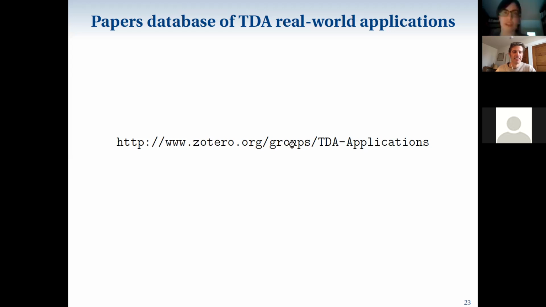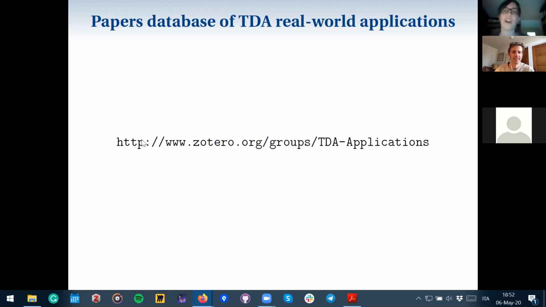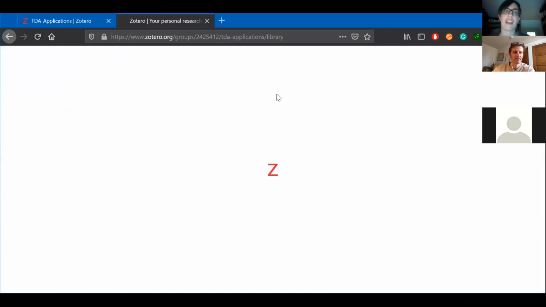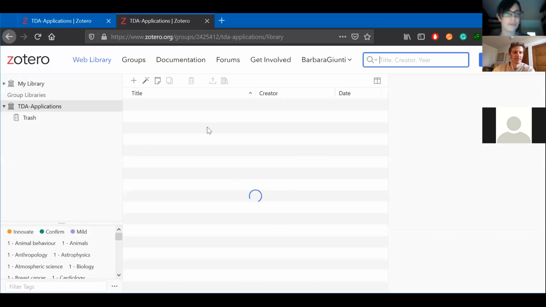So let me show you. Okay, so this is how it looks. And it is an open database. You just go to group library and you should be redirected here.